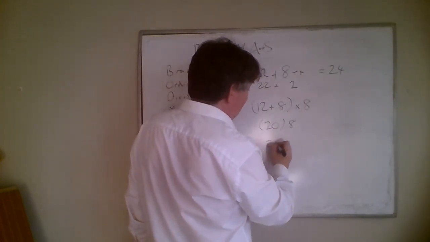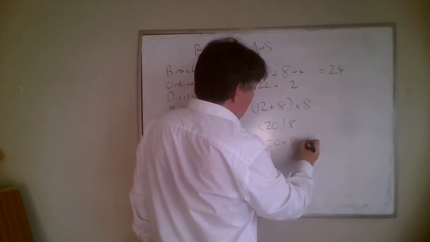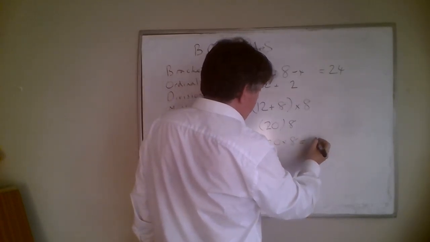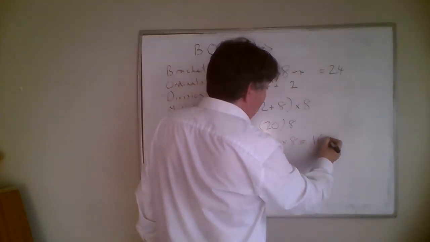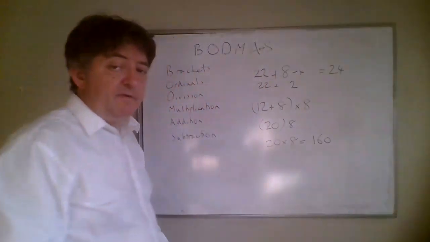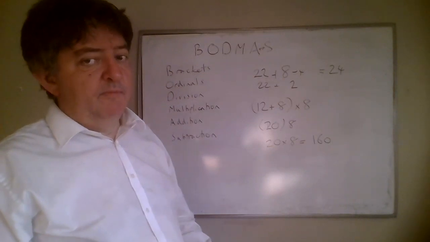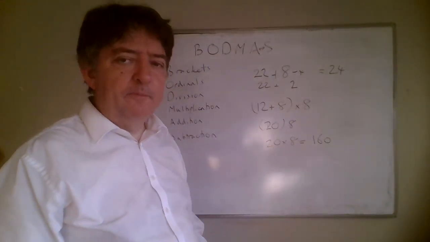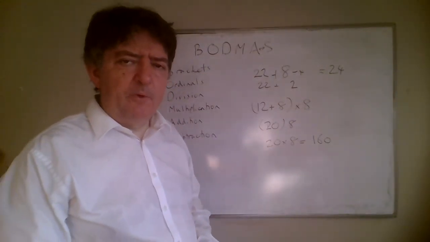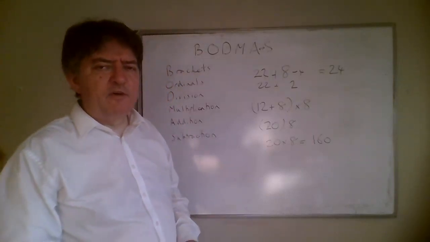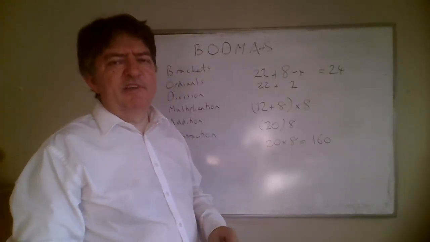So it's 20 times 8 equals 160. So this is the principle. There are many more complicated examples, but once you have the understanding of the principle, generally, if you work through a few examples, it will be pretty straightforward.